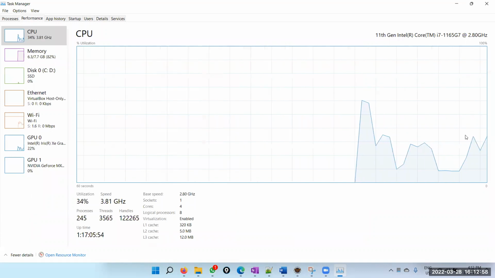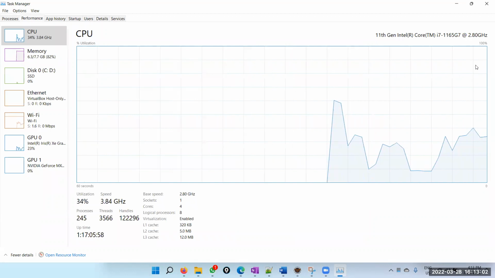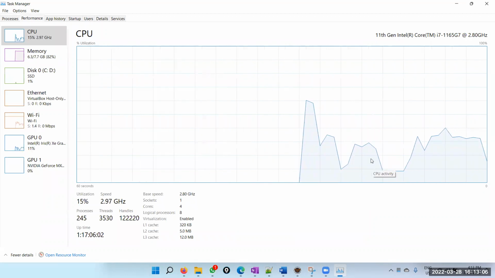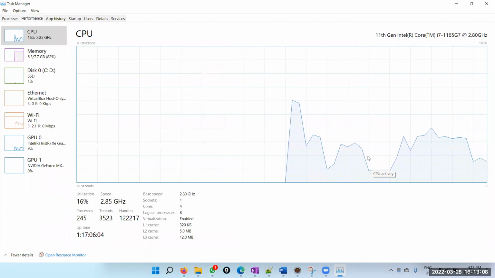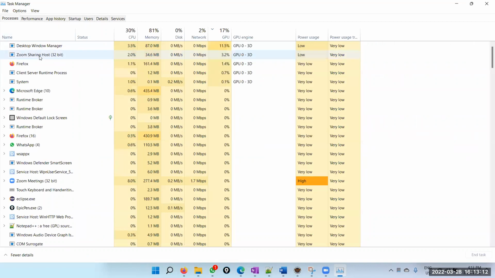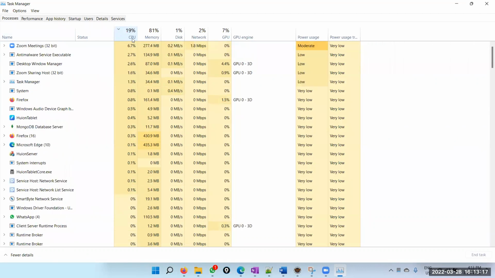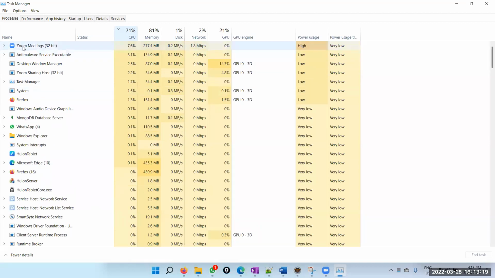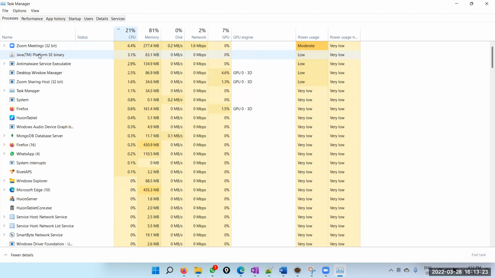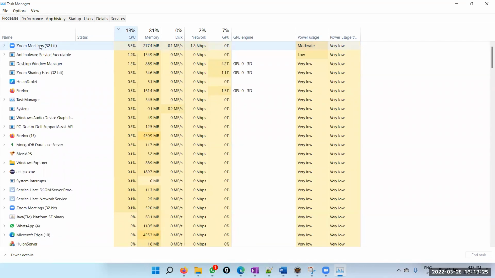It's not going to 100%, and it is not very low either. That means my processor is utilized by different programs right now. If I go to the processes tab, you can even order by CPU. You can see that right now the Zoom meeting is taking most of the processor attention, because we are having a Zoom meeting session.